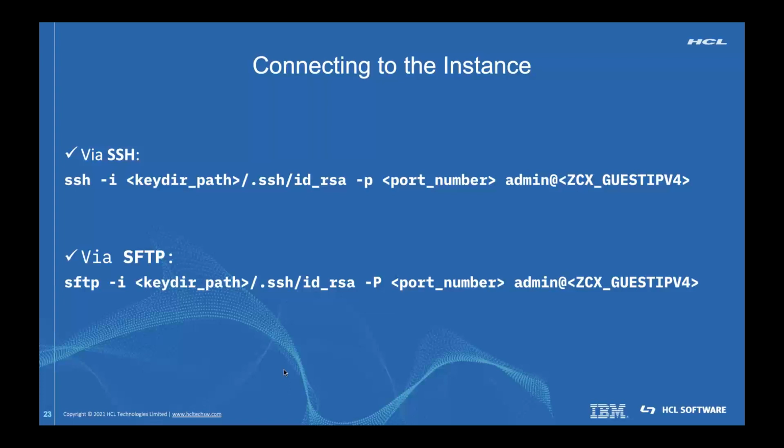SSH command line, so you can connect via SSH using of course the parameters that have been specified in the zCX configuration file, so basically the IP address of the zCX system, or you can use secure FTP to connect to the instance.